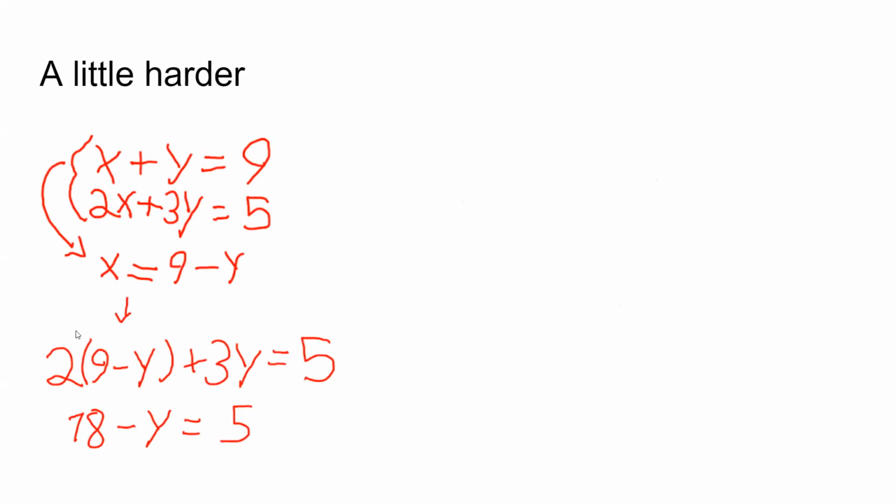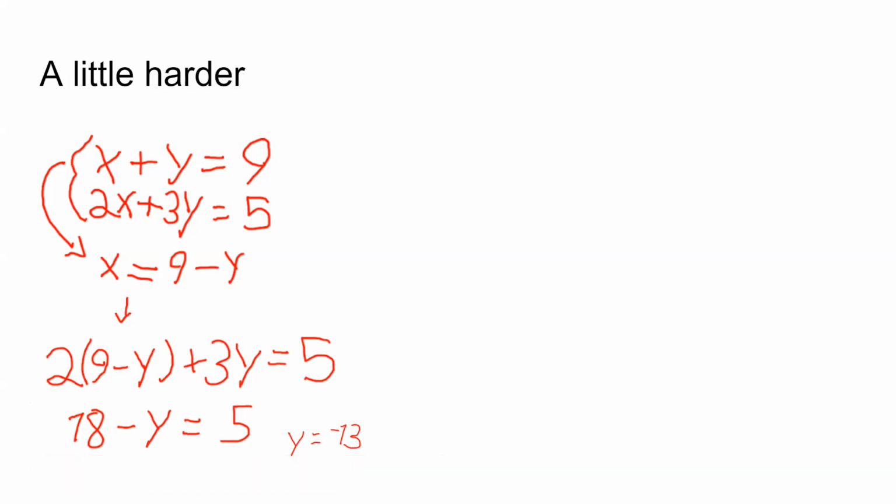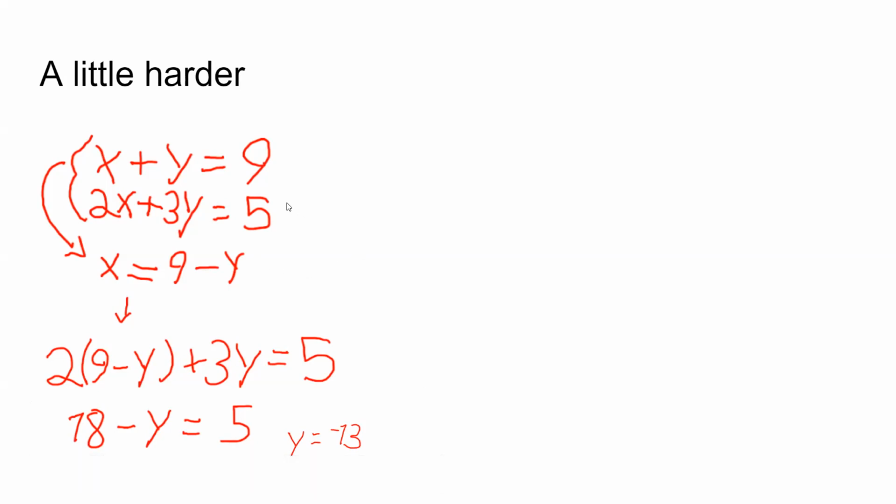We distribute and simplify, so we get 18 plus y equals 5, and y equals negative 13. Now we place the negative 13 into the first equation: x plus negative 13 equals 9, and x equals 22.